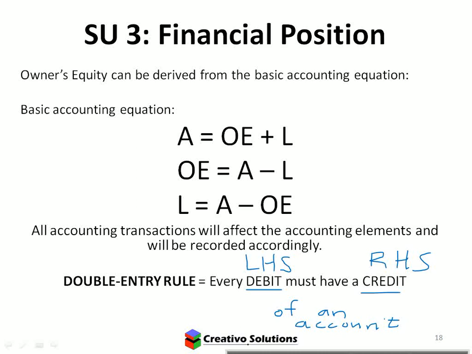Instead of talking about the lefts and the rights, they talk about the debits and the credits, because how silly would accountants sound if they talked about lefts and rights? Left this, right this, it's like directing traffic or something. It's not what you want to use when you're looking at business. So in business, when we talk about assets and liabilities, we want to talk about the debit or the credit, not the left or the right.